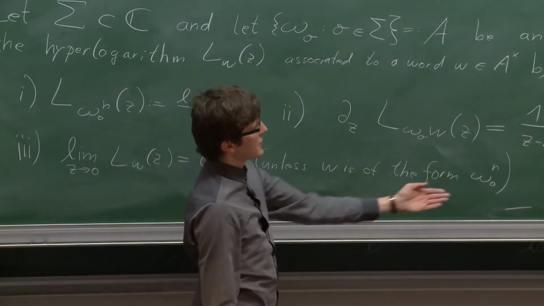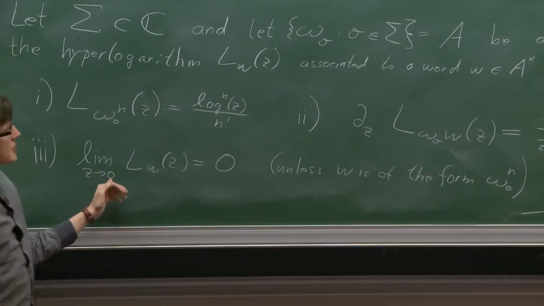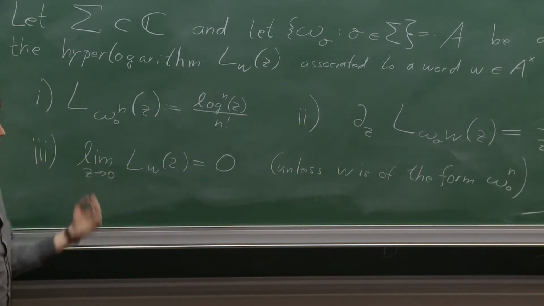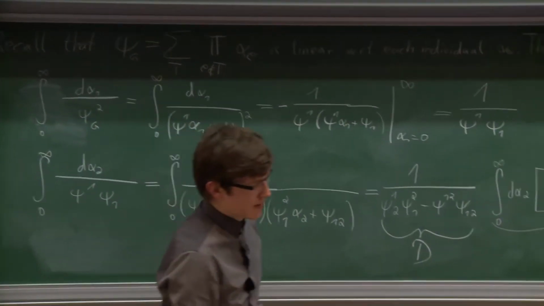So if you have a string of zeros, we just fix them to be the logarithms, which of course diverge quite mildly at 0. But all the other hyperlogarithms defined in this way, we should think of as iterated integrals from 0 to Z.